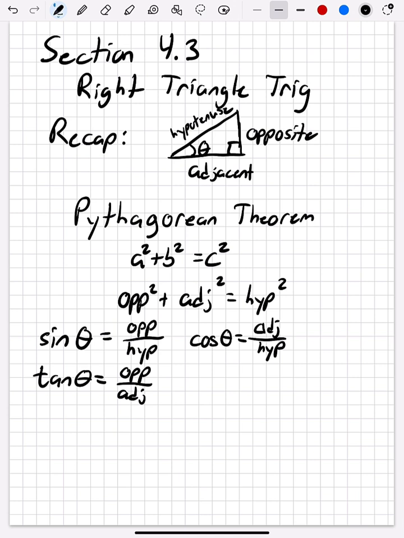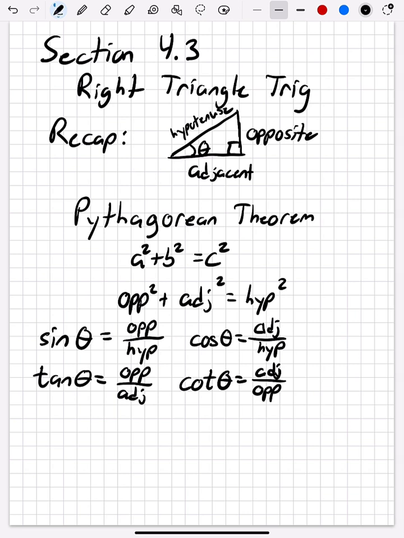But I do want to take it further because we do have some more trig relations that we can add in. So let's look at the cotangent of theta. The cotangent of theta is the adjacent side over the opposite, so it is just the reciprocal of the tangent.